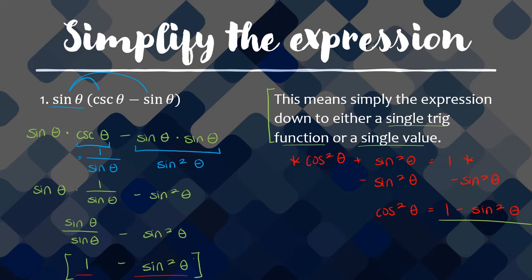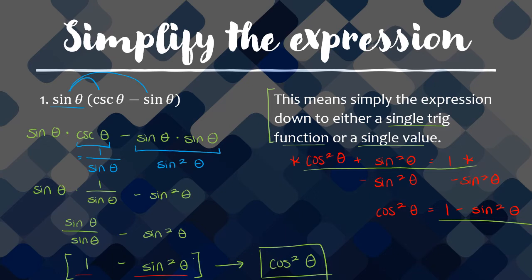So therefore, I can say, well, this expression, 1 minus sine squared, is actually going to simplify even further down to simply cosine squared. That is one trig function, so we would say this is our simplified answer. We will often be looking for opportunities to manipulate, especially the Pythagorean identities.